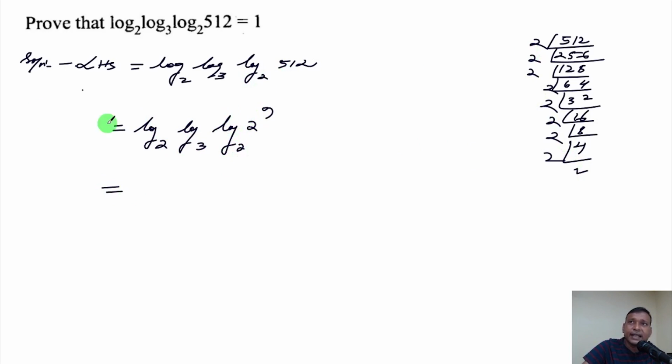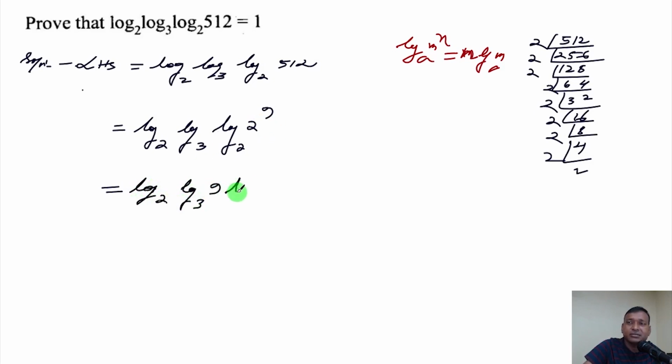Now this is of the form log m power n to the base a, which is n log m to the base a. This power will be written before log. So this 9 will come here.